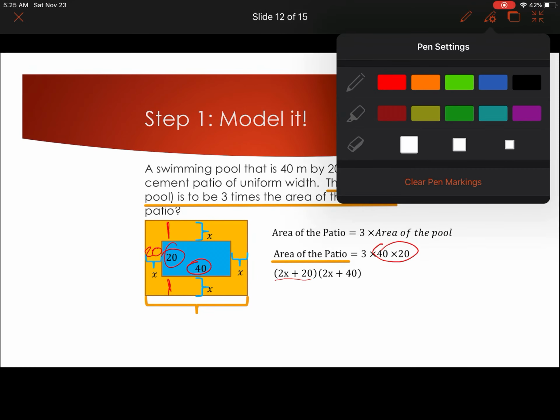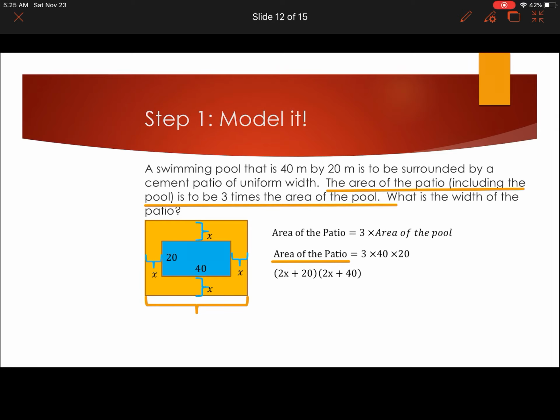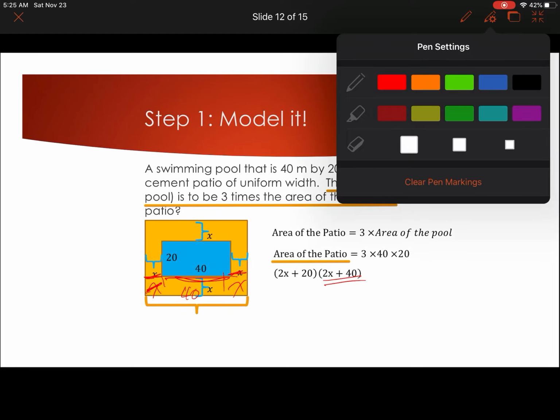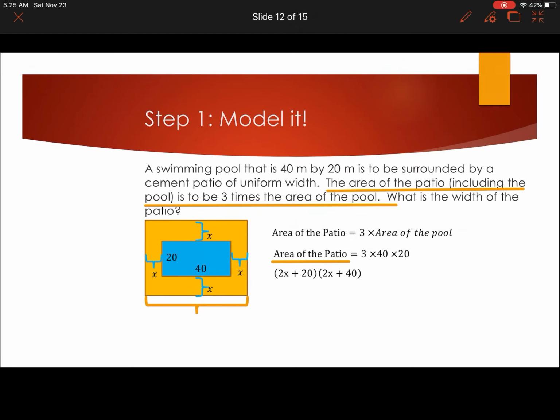This length, that's x, that's x, that's 40. So that's why we got 2 x's and a 40. And that's equal to 3 times 40 times 20, which is 2400. Now we have just one variable, x, so we can solve.